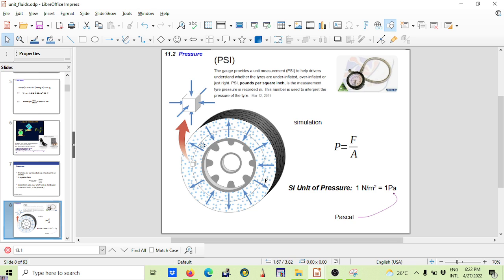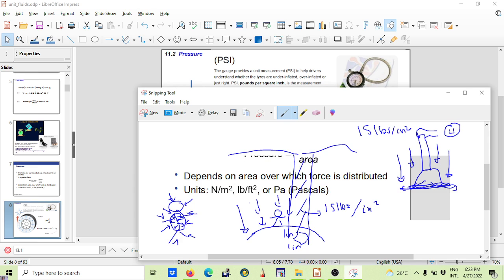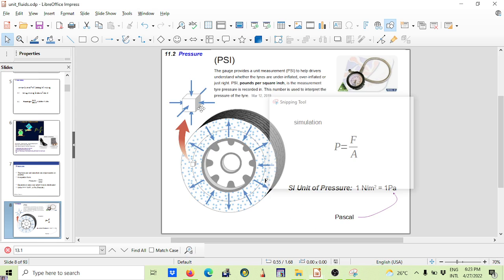But here, because you are trapping the molecules of air inside the tire, you're forcing the air molecules inside when you are putting air in your tire. All those little molecules are going to bump in all directions, and each time they bump, they exert a force, right?